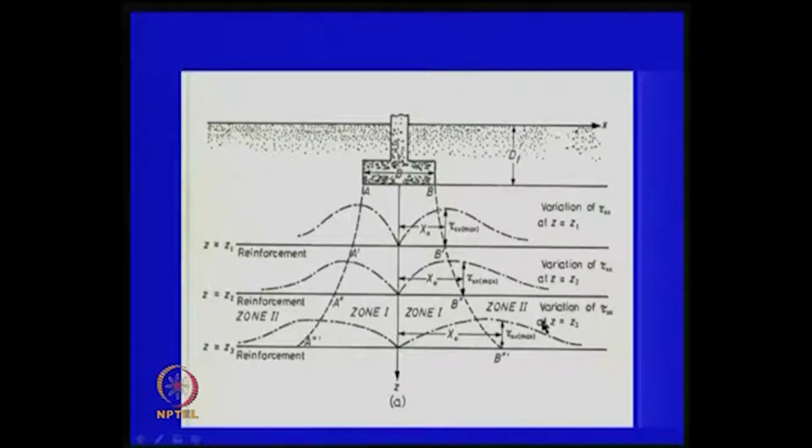What it means is that you have a foundation system here, and then you have reinforcements like this. Imagine that you are trying to place some reinforcements at some depth. You take the center line of the footing, and based on the elastic stress distribution, as I said, reinforcement causes shear, and shear is important in reinforced soil.